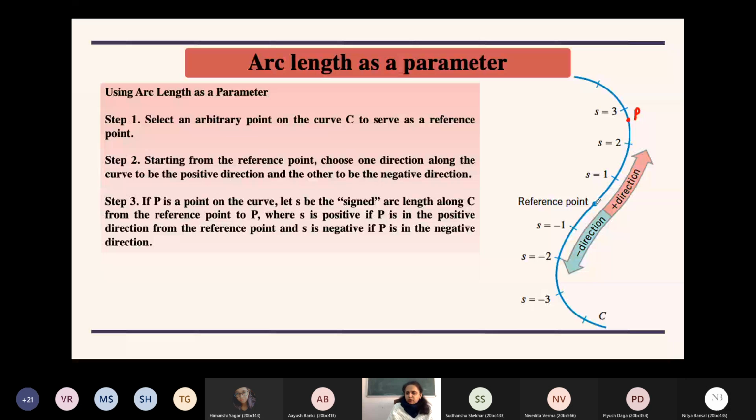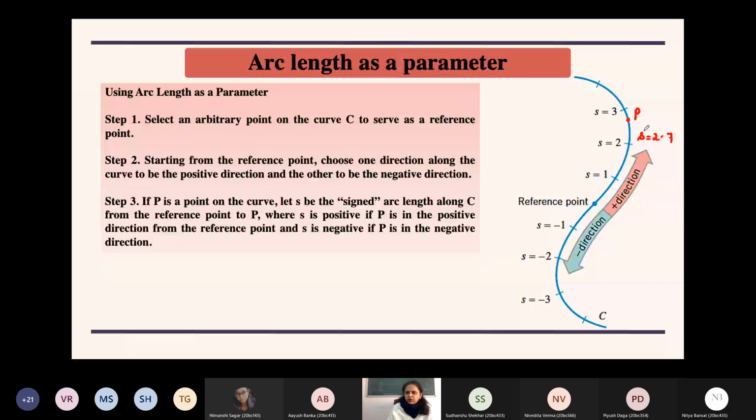So if I know that from the reference point to this point, my arc length S looks something like, say, 2.7, then using the expression of the vector valued function, I can find the coordinates of P.